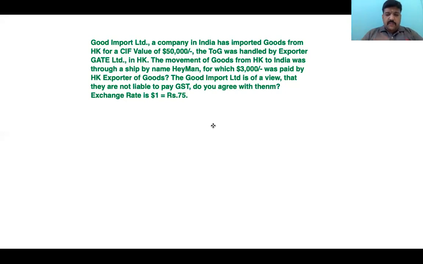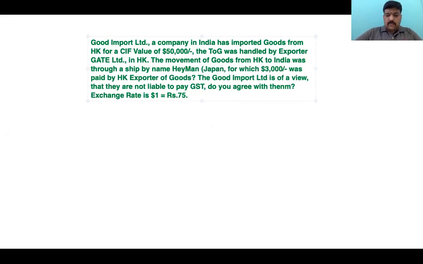The movement of goods from Hong Kong to India is going to be through a particular ship, the ship company belongs to Japan, for which $3,000 was paid by the Hong Kong exporter of goods for transportation.